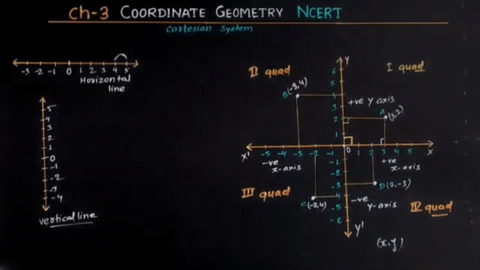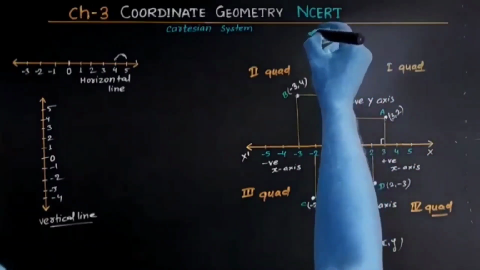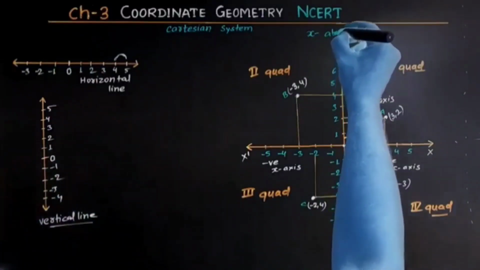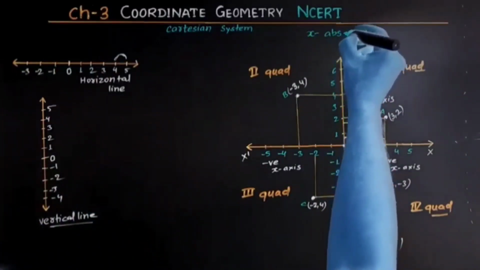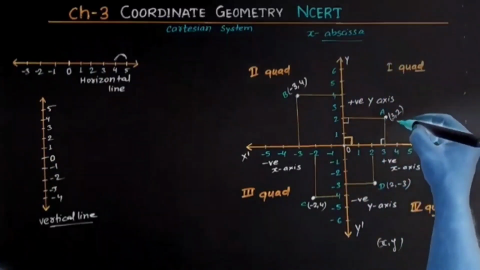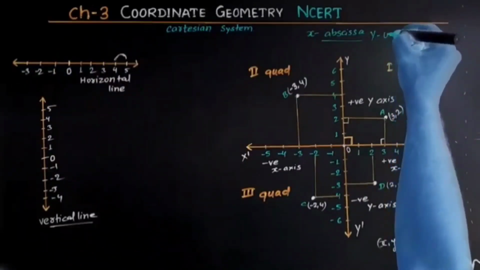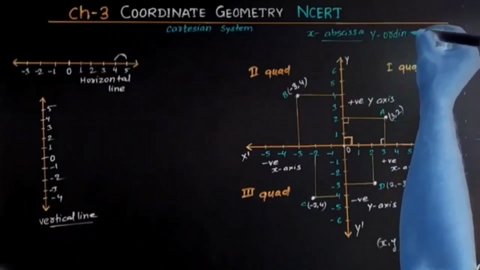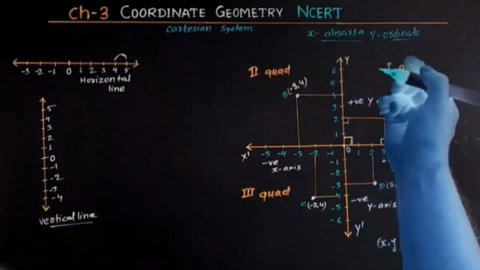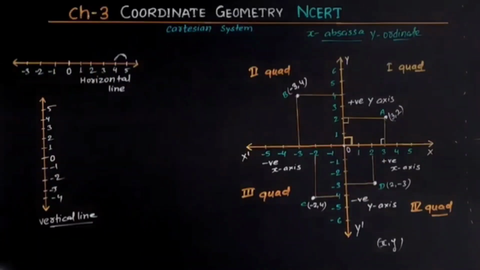In the first quadrant, both coordinates are positive, while in the third quadrant, both coordinates are negative. In the second quadrant, x is negative, y is positive. In the fourth quadrant, x is positive, y is negative. The x coordinate is also known as the abscissa and the y coordinate is known as the ordinate.